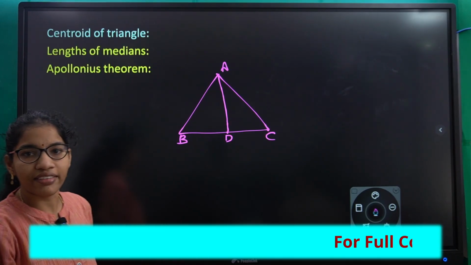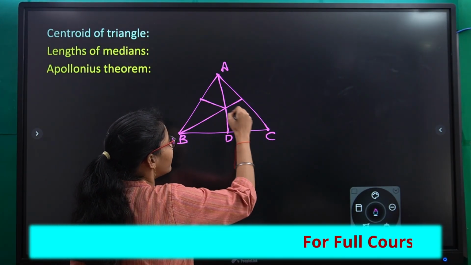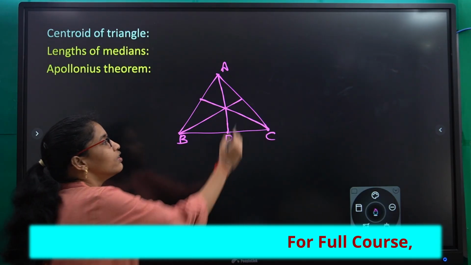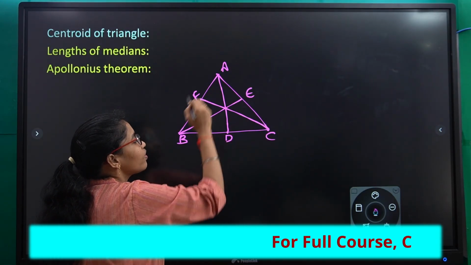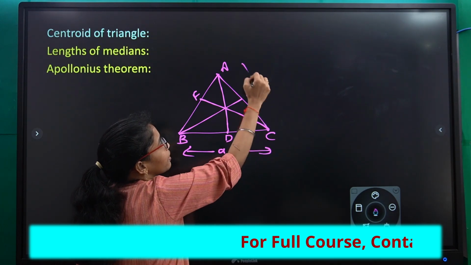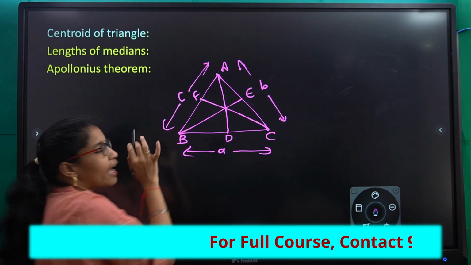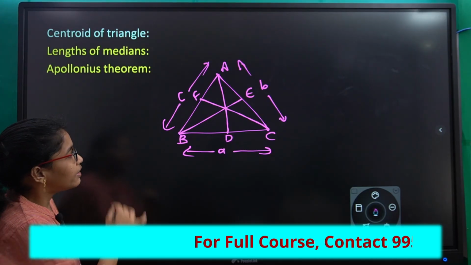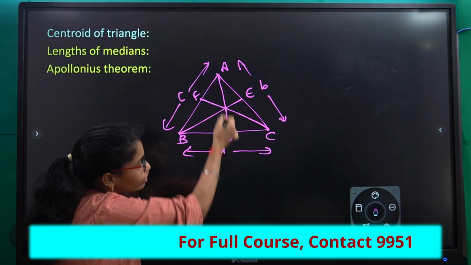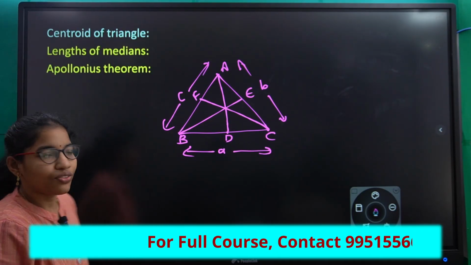So here AD is the median and BE is one more median and CF is one more median, right? This is A, this is B, and this one is C, right? So the Apollonius theorem derives the relation between the length of the median and the sides of the triangle.